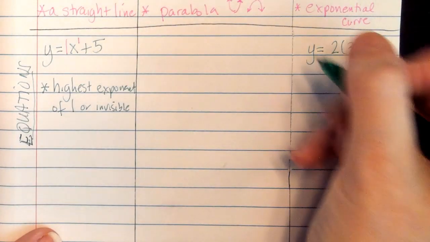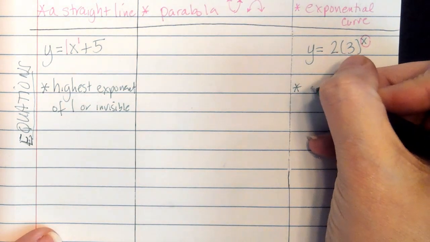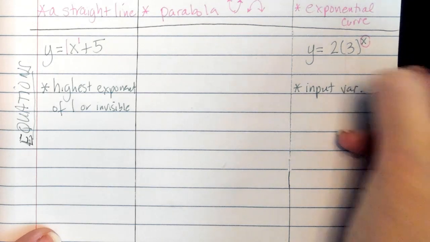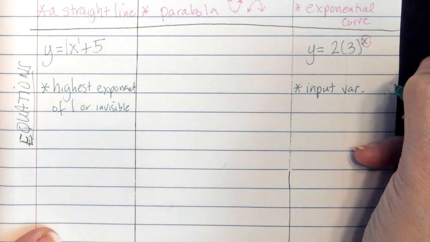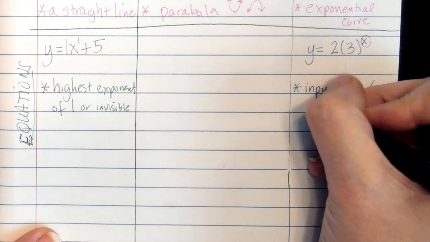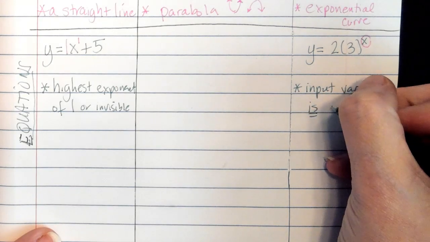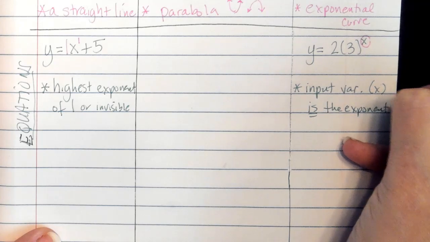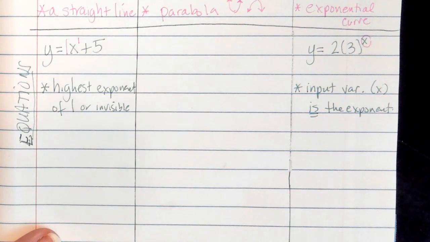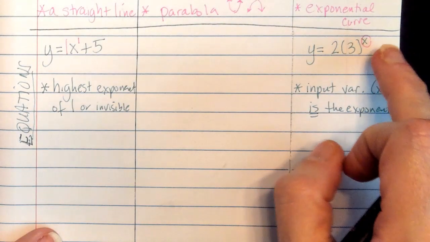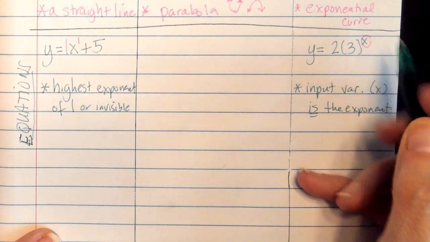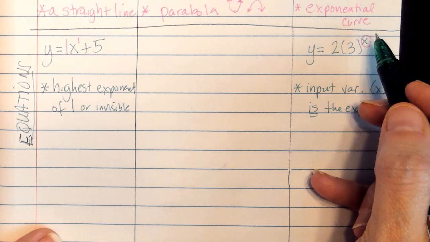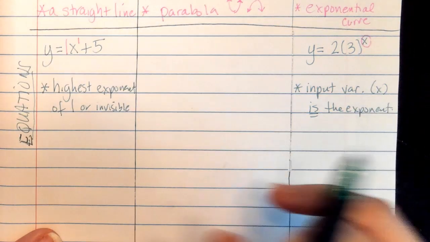Okay, so what we notice about exponential functions is the input variable, I'm just going to abbreviate that, x is the exponent. Okay, so whenever we see our variable in the exponent position, that's when we know we've got an exponential function.